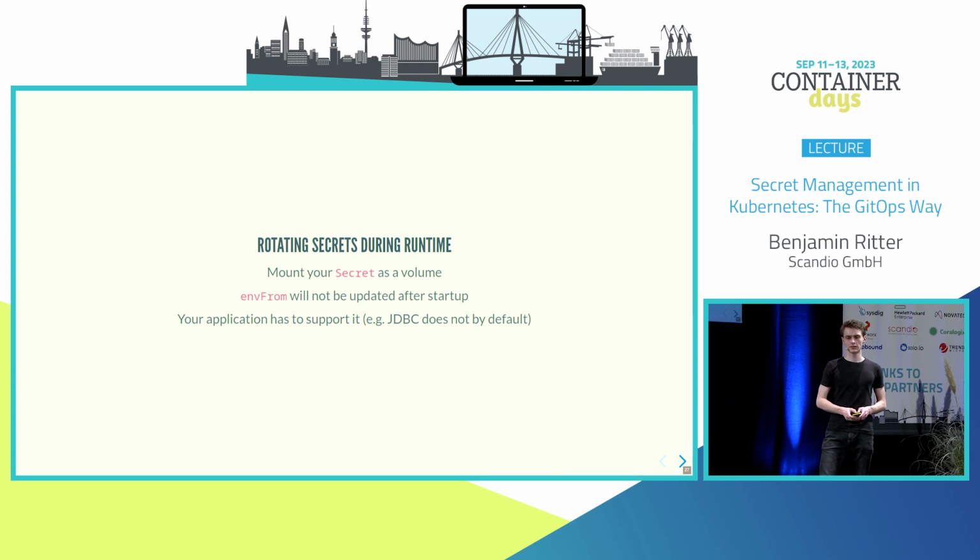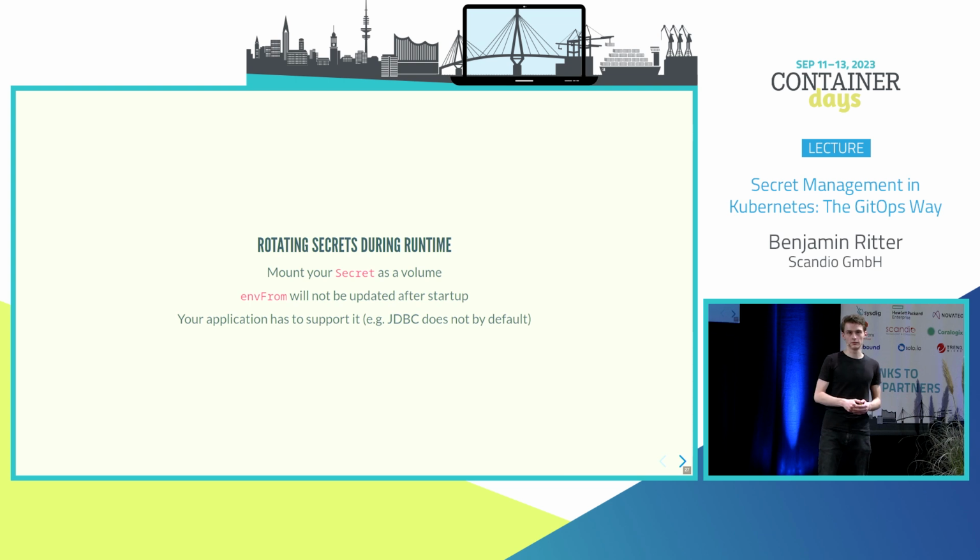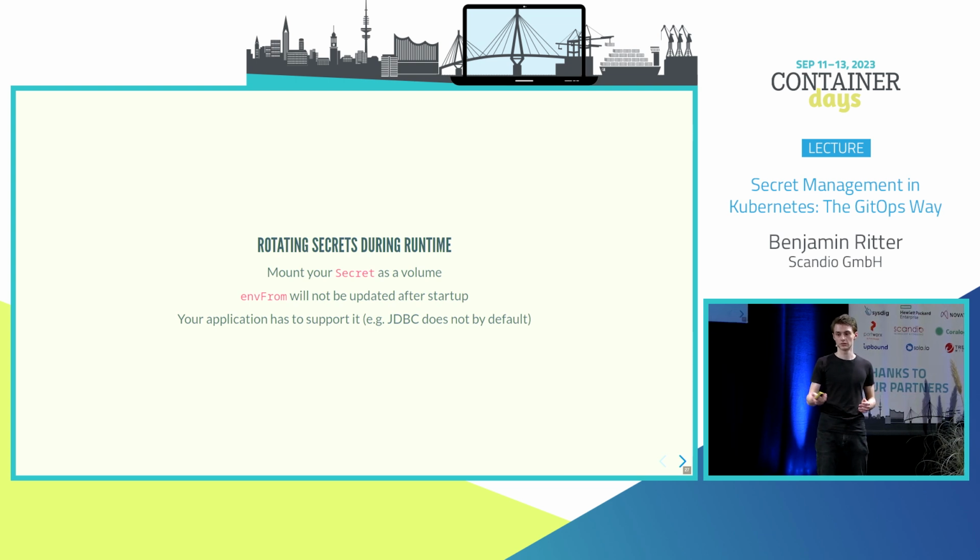Not the envFrom variable, because that's how environment variables work: they will not be updated after pod startup. And if you want to rotate the credentials during runtime, your application has to support that. Most proprietary applications probably don't, but it's a little bit of a niche edge case. But if your threat model includes that, you can definitely do that.